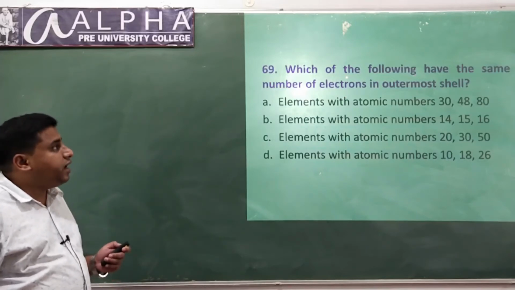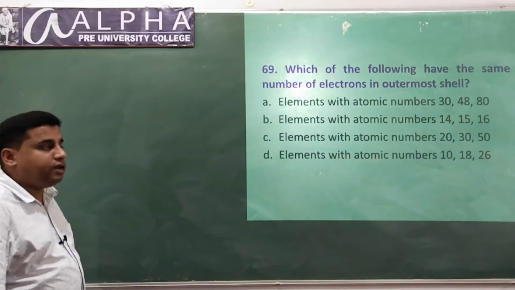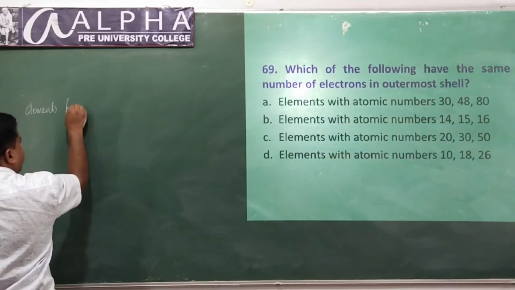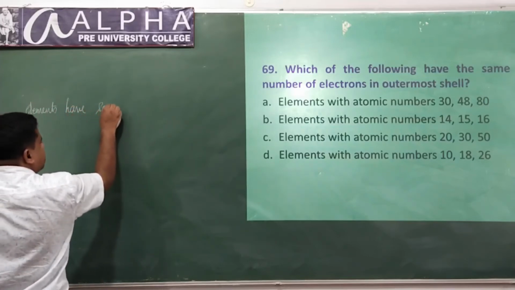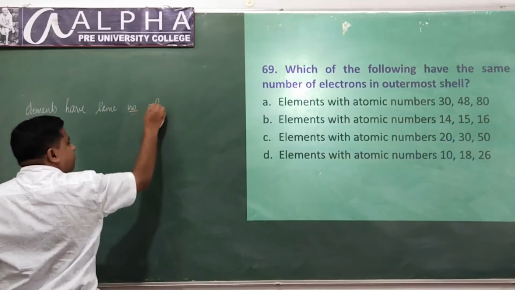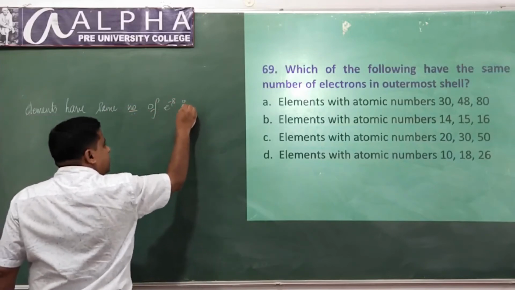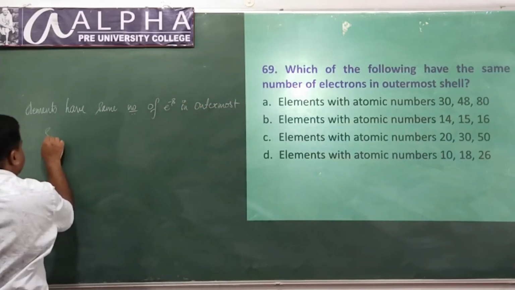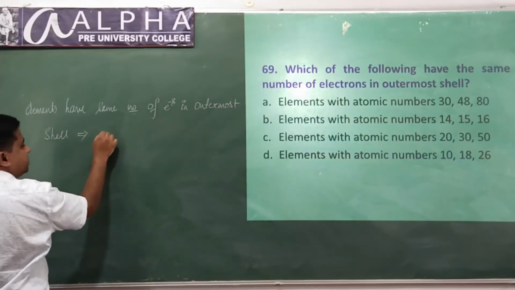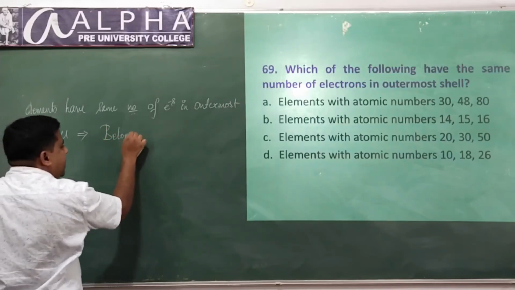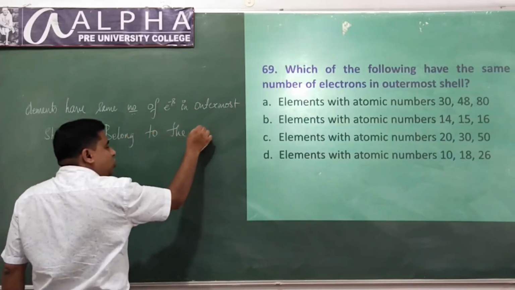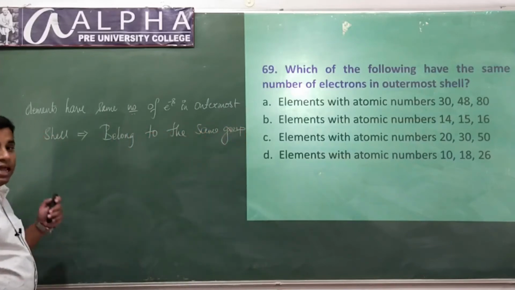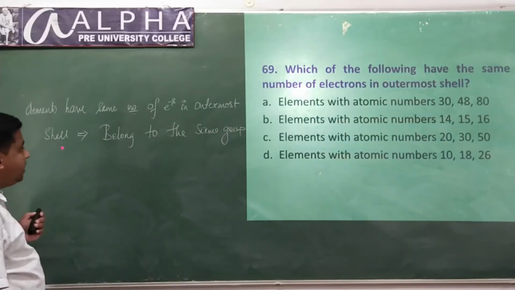That means if the elements have the same number of electrons in the outermost shell, then those elements belong to the same group. Note this point.